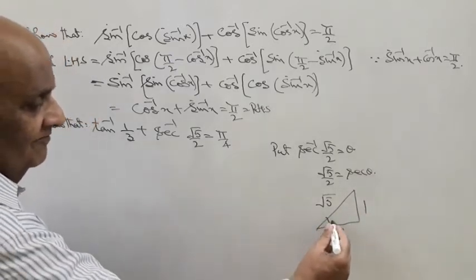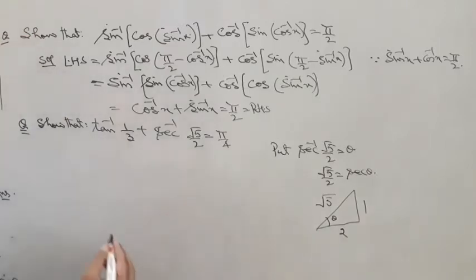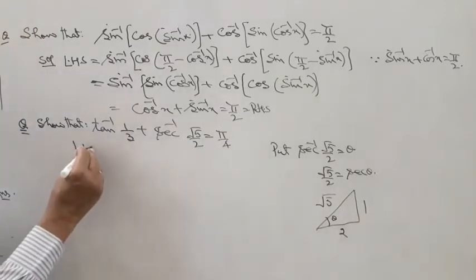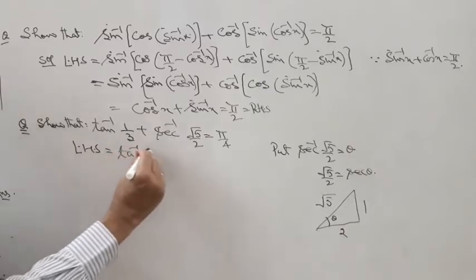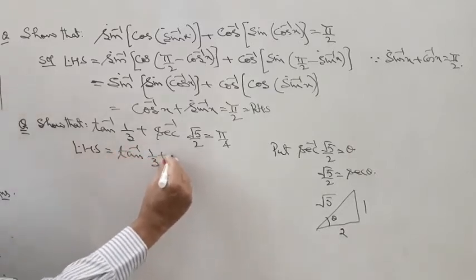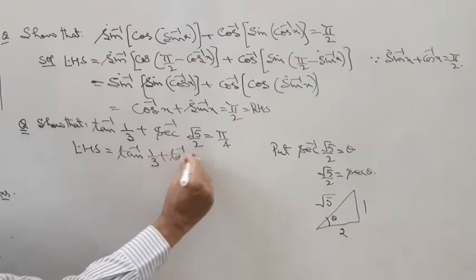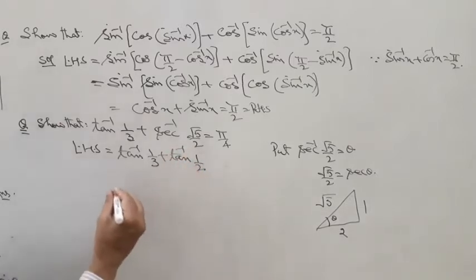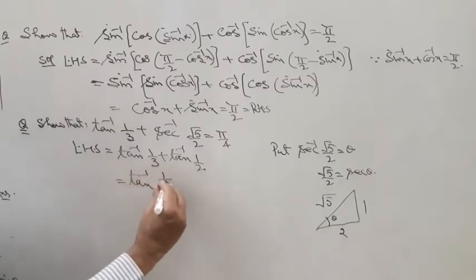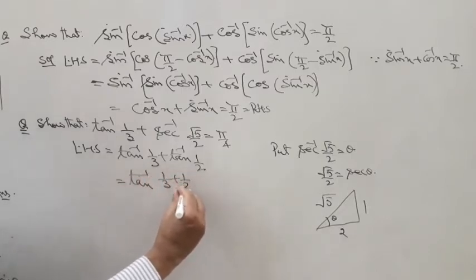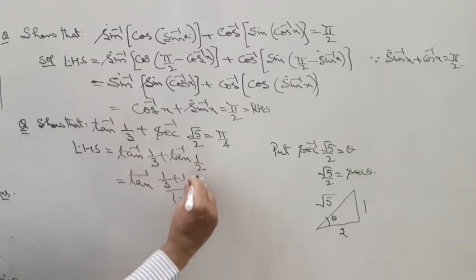This is θ. So the left hand side here will be equal to tan inverse of 1/3 plus tan inverse of 1/2. And apply the property as before, it is tan inverse of (1/3 + 1/2) over (1 − 1/6).